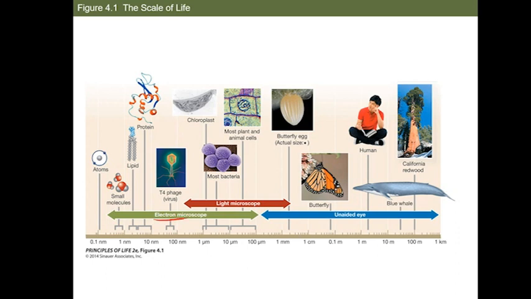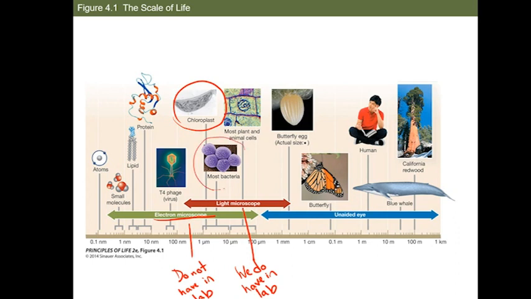Electron microscopes, you can see much smaller things. We do not have them in lab. Light microscopes we do have in lab. So you'll be able to see chloroplasts and bacteria and plant and animal cells in the lab.